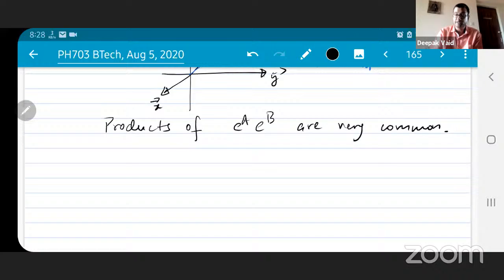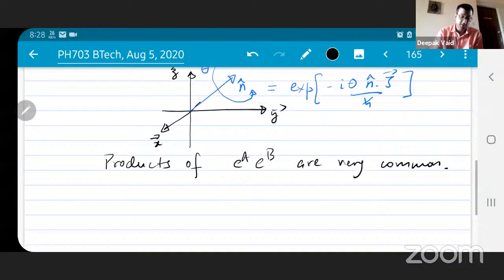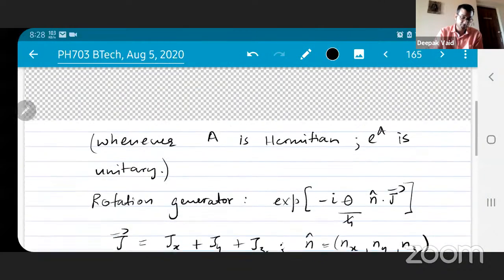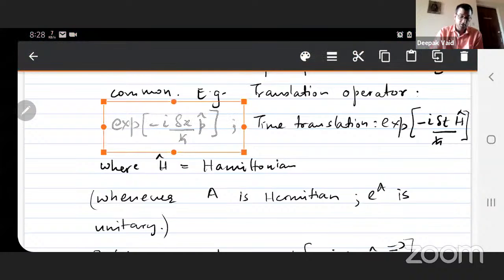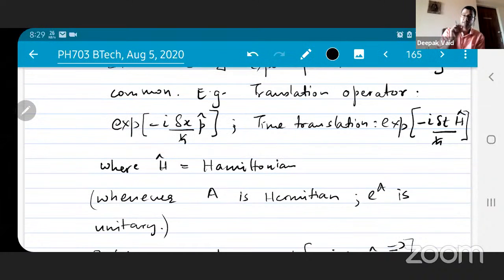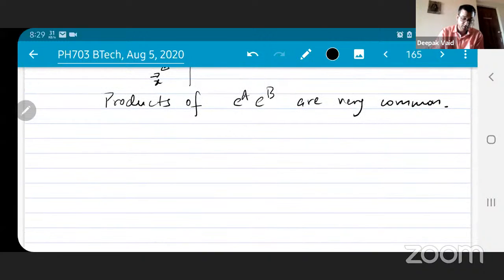Right? These kinds of products will be very common. Why? Because let's say you take an example of translation. You want to take the system and translate it along the x direction and then along the y direction. What would happen?